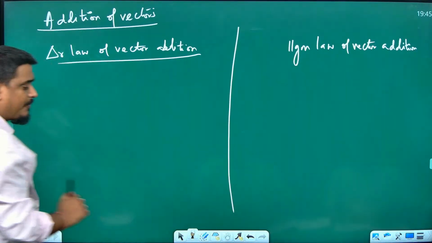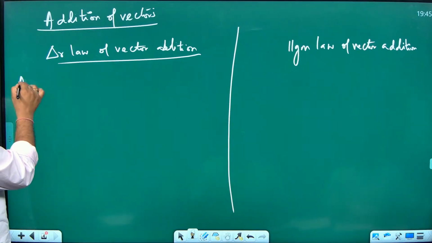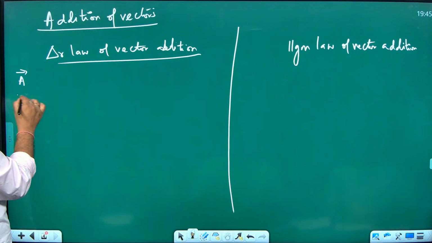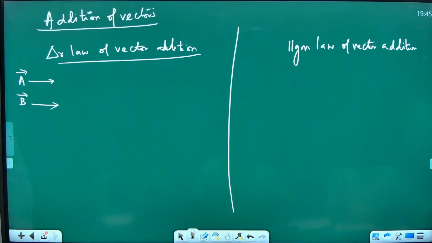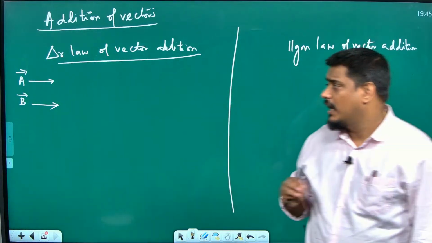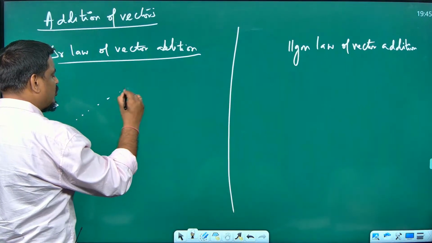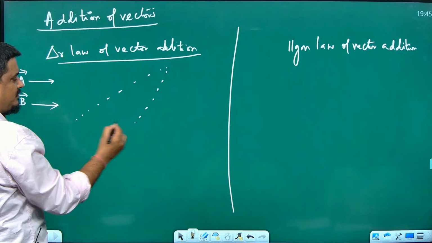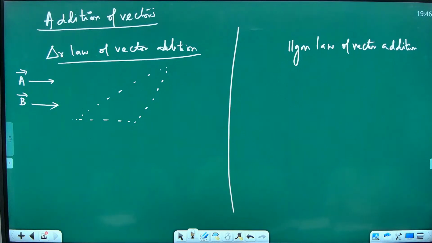But understand that if you want to add any two vectors, let me assume there is one vector A vector, another vector B vector. So, I have A vector and B vector. If I want to add these two vectors, as per the triangular law, I should keep these two vectors on any two sides of a triangle, in such a way that the head of the first vector lies on the tail of the second vector.